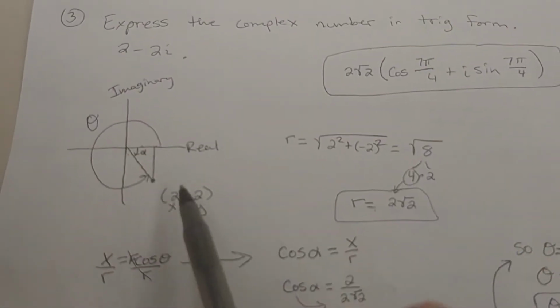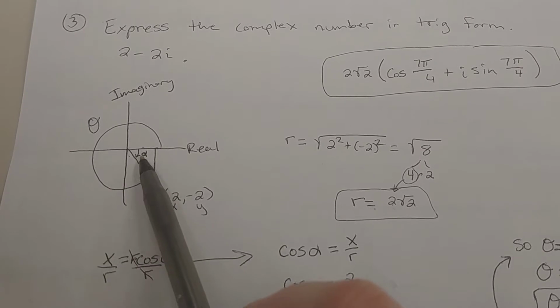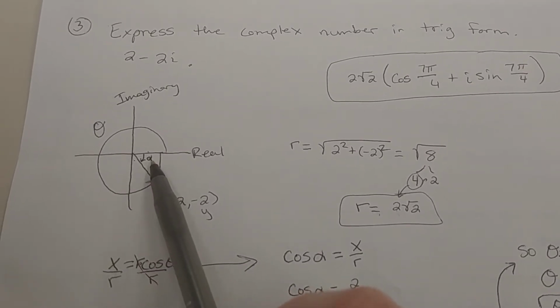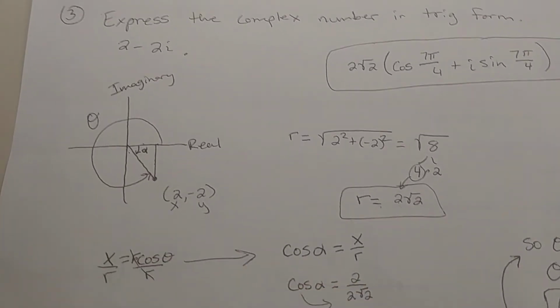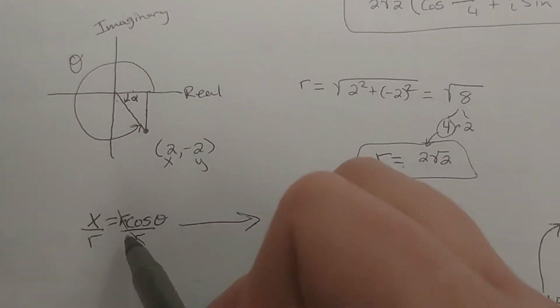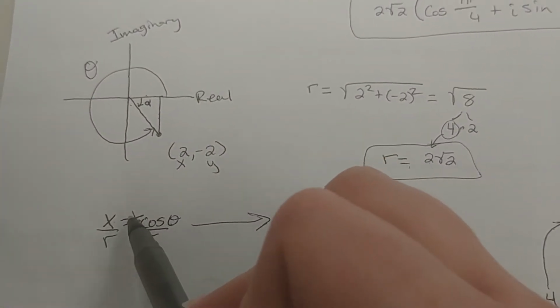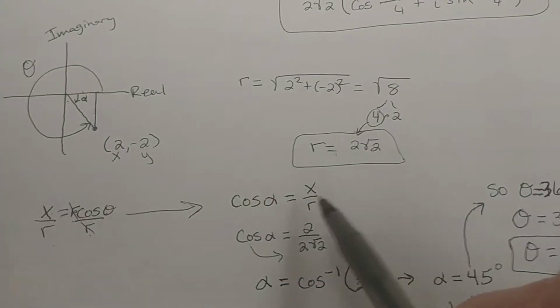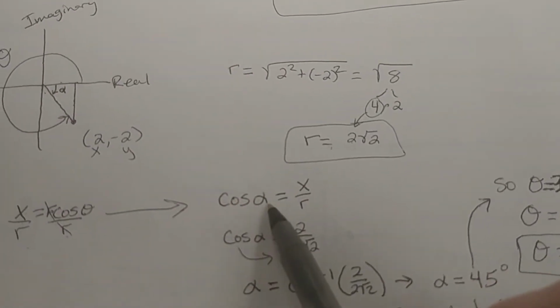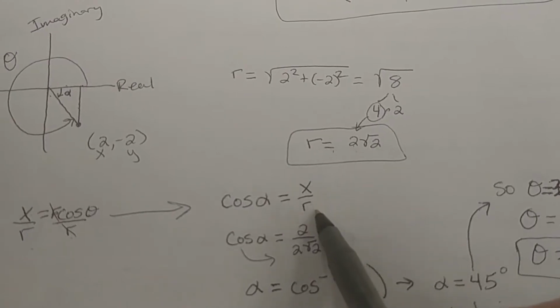Well, theta is the big angle. But since I'm dealing with the fourth quadrant, it's going to be easy for me to find this little bitty angle, or we're going to call it alpha. So we use the part that we looked at the beginning of the video. It was x equals r times cosine theta. Well, if I divide both sides by r, now I have cosine of this little alpha will equal x over r.